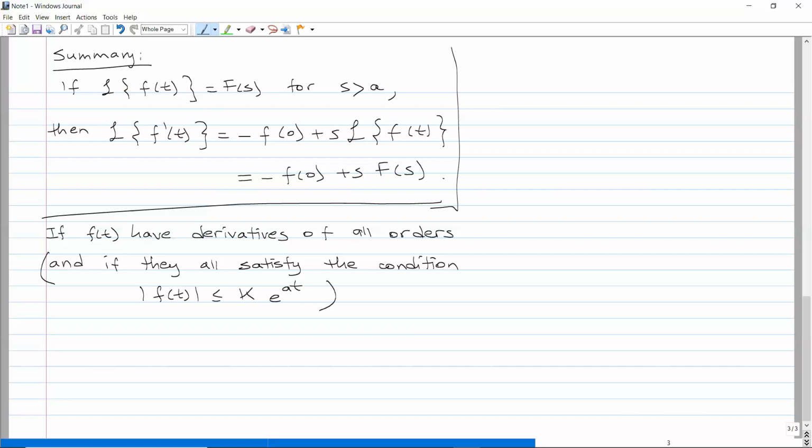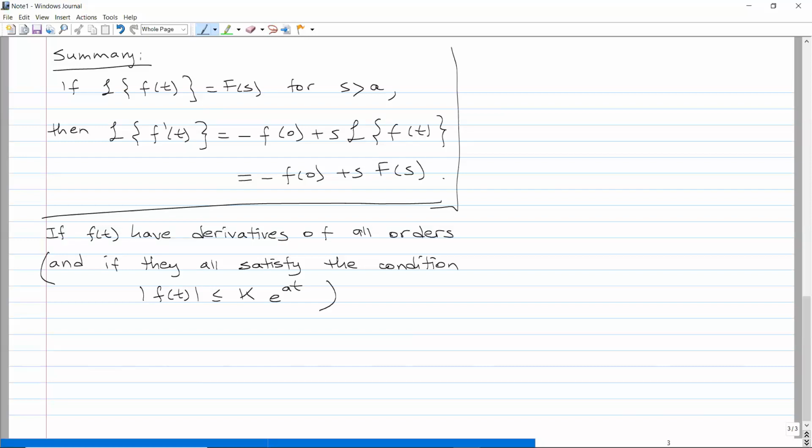We are not going to check this condition. It is true that our solutions satisfy this condition, but we are not going to dwell on that or go into the details. We will just use this formula, okay?